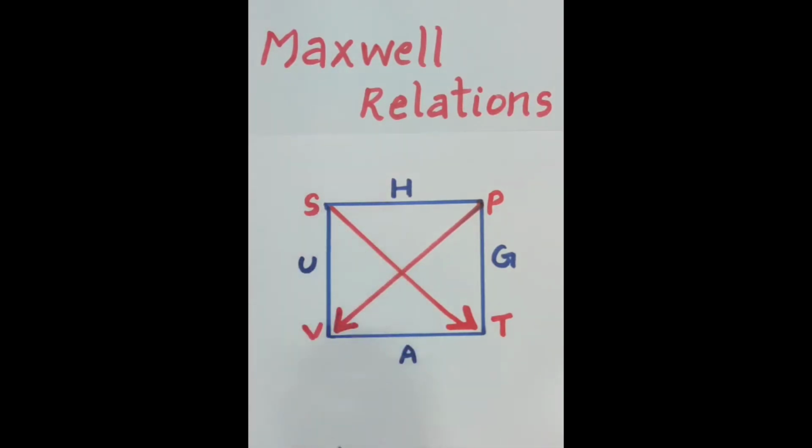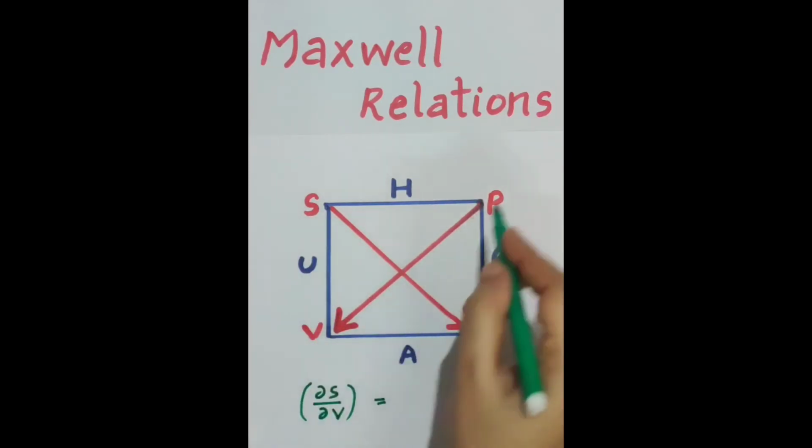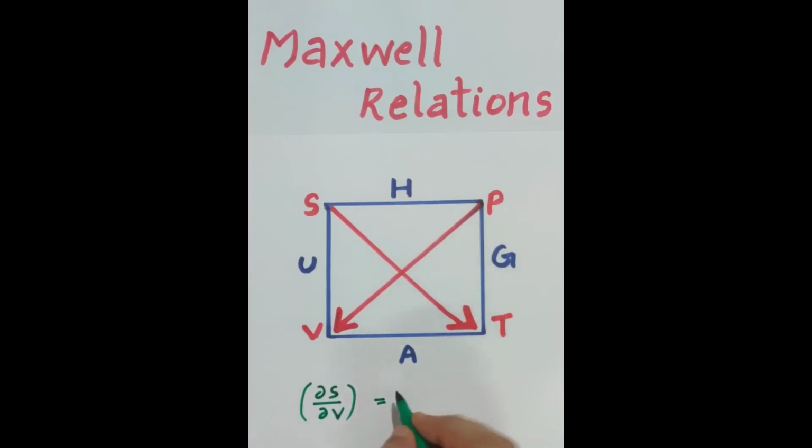First we are writing from here, that is dou S by dou V, that is SV. Opposite to dou S by dou V we have P and T, and we are writing dou P by dou T. Then we have to write the constant terms.